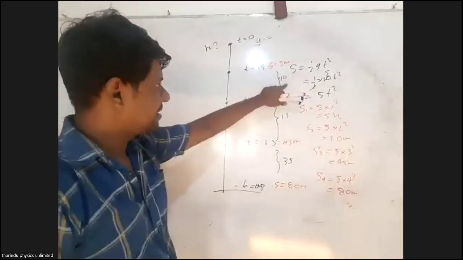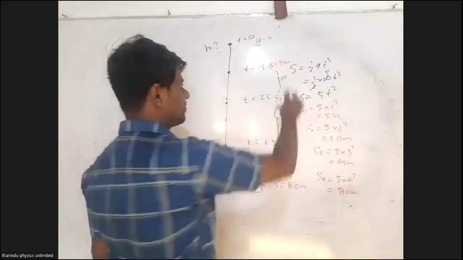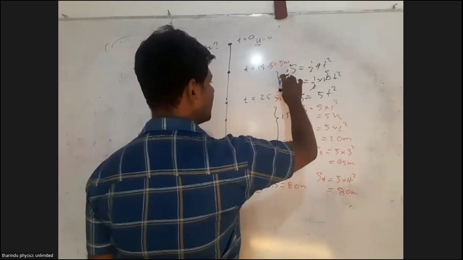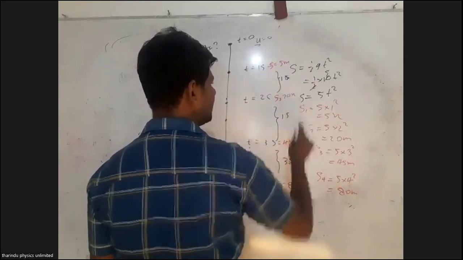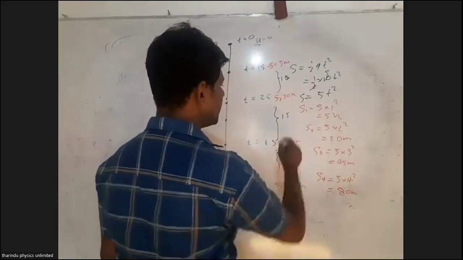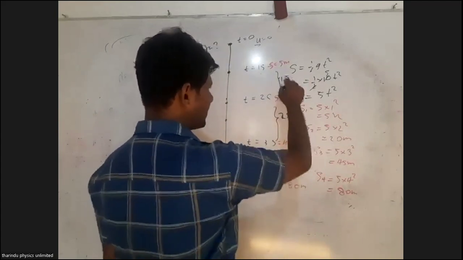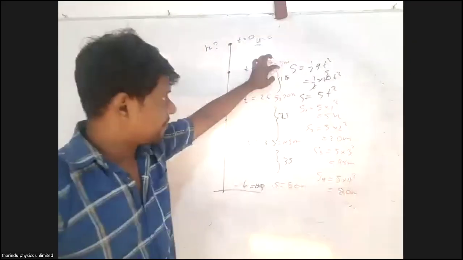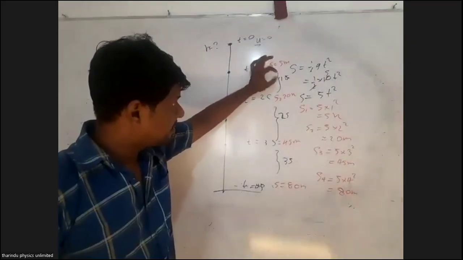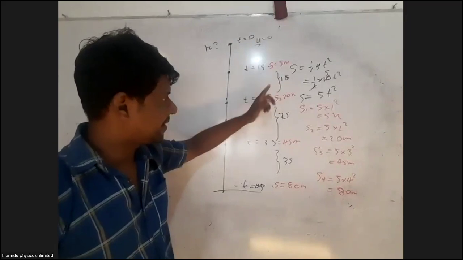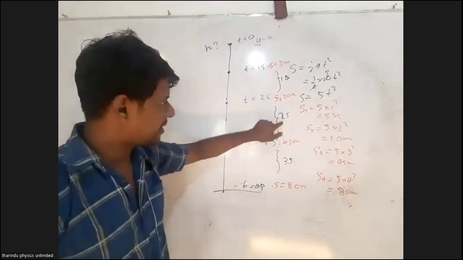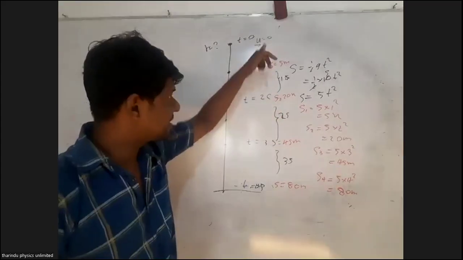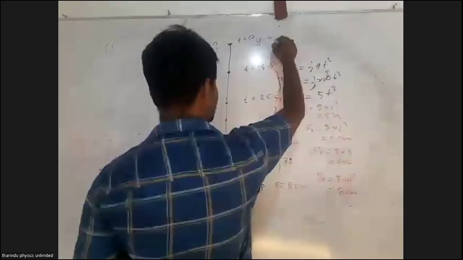The differences are 15, 25, 35. So see, the previous value and another 10 added. Previous value and another 10 added. So the difference is always a 5 meter difference.